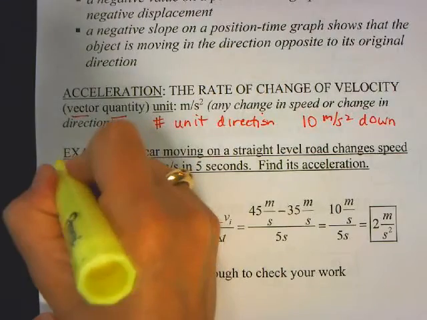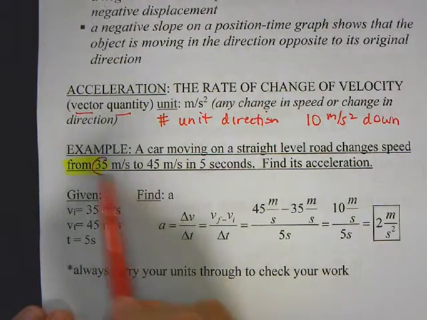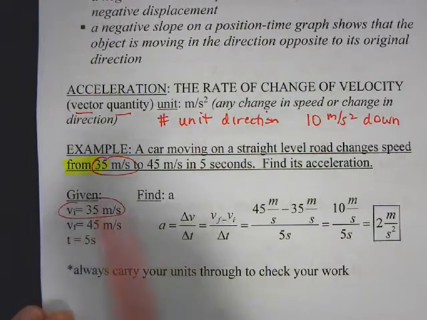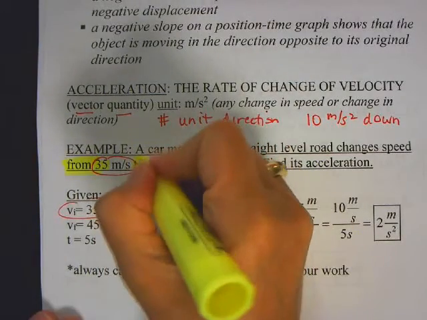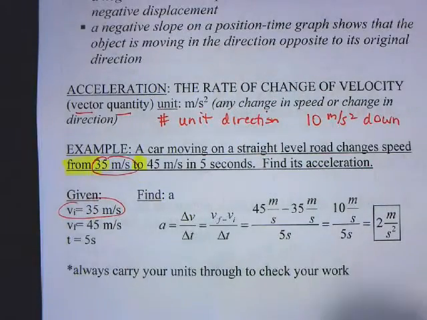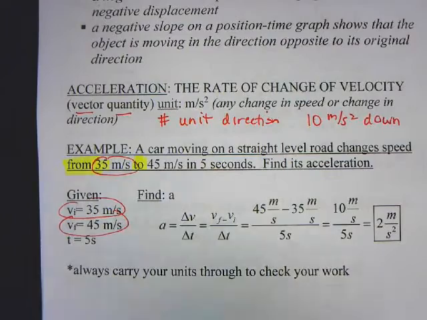So I'll subtract vi from both sides, so vf minus vi is equal to at. Then I'm going to divide both sides by t, so I have vf minus vi over t is equal to a. So then I write my unknown in terms of my known, I substitute in my values, and I solve.